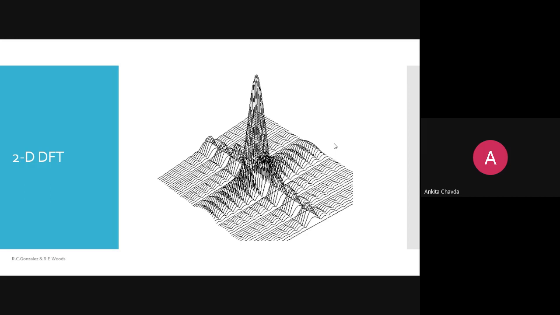So you can have low frequencies and you can have high frequencies. High frequencies are generally the ones with sharp transitions, as we discussed, if you remember. So high frequencies would be there for your edges and for the noise. If you want to remove the noise, you have to cut off the high frequencies.